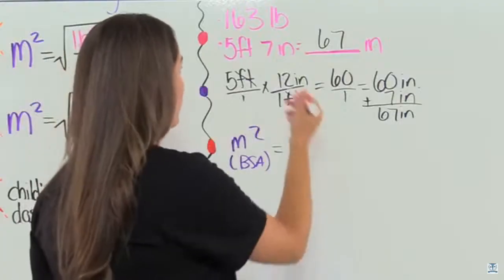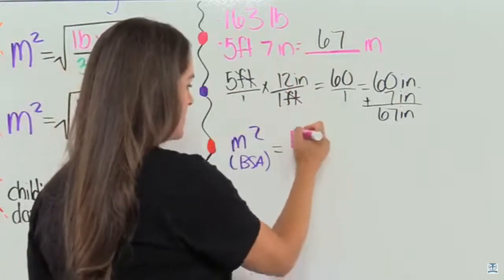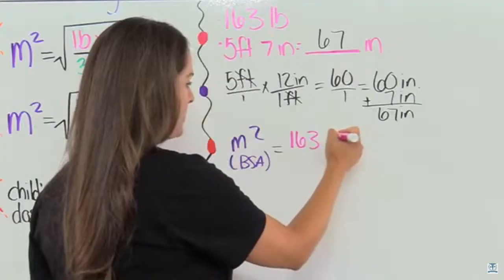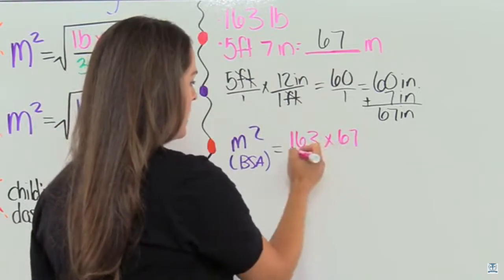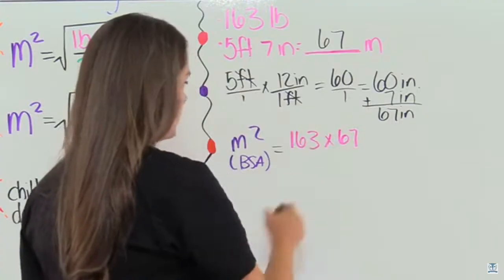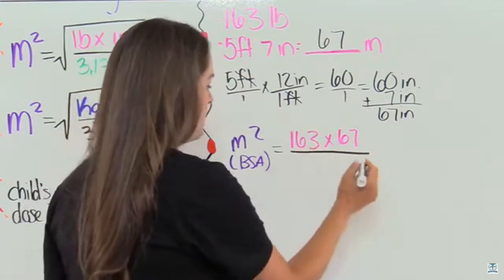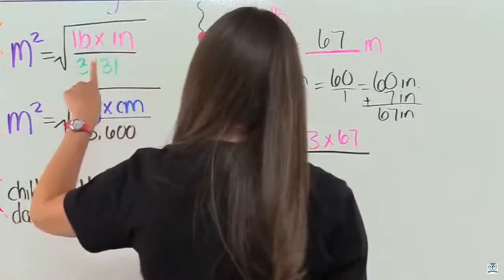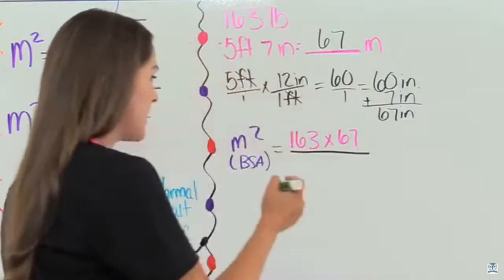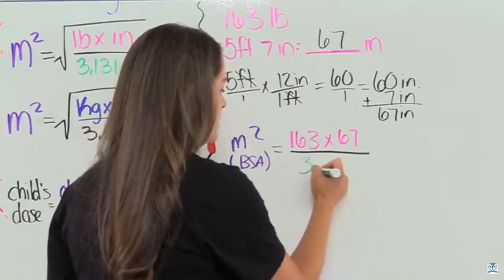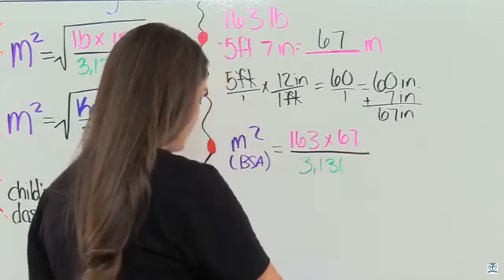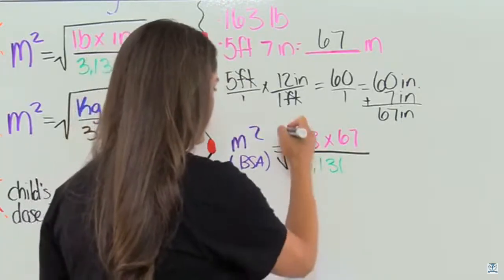Their weight is 163 pounds times 67 inches. And then we are going to divide that by 3,131, and again, don't get that confused with the other formula. That's the key with it. Make sure you keep your square root because we do that at the end.